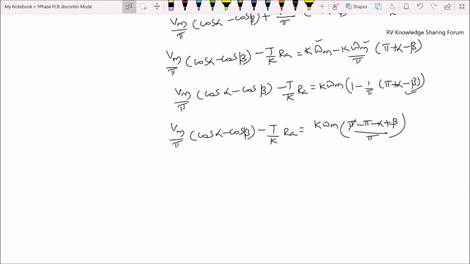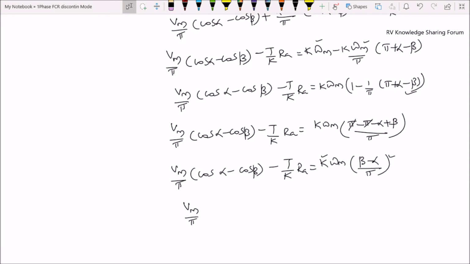Okay, therefore pi and pi will get cancelled with each other, and this equation becomes Vm by pi (cos alpha minus cos beta) minus T by K RA, which is equal to K into omega m into (beta minus alpha) by pi.